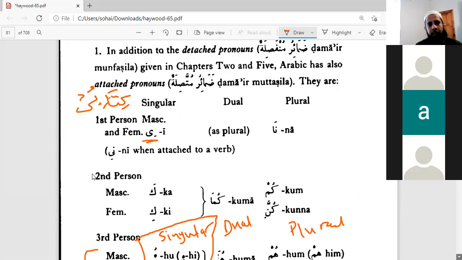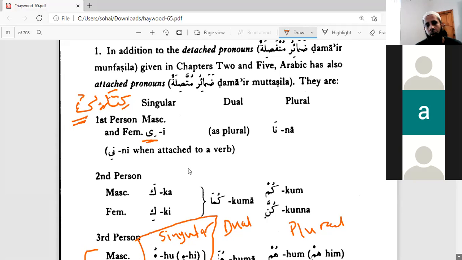This construction is also mudaf and mudaf ilayhi: if we're saying book of him, or his book, kitab is mudaf and ya, the first person pronoun, is the mudaf ilayhi. Normally it would be kitabuya, but it's difficult to pronounce, so it changes, because ya, if you've done tajweed, is normally compatible with the kasra. That's why we have kitabi. The last letter of the word gets a kasra, and then we have ya.